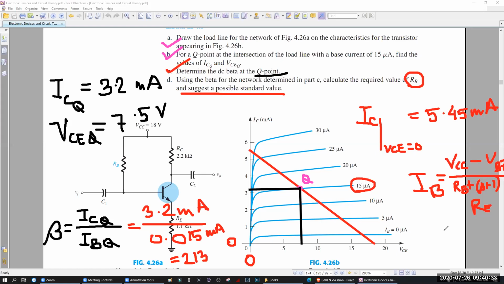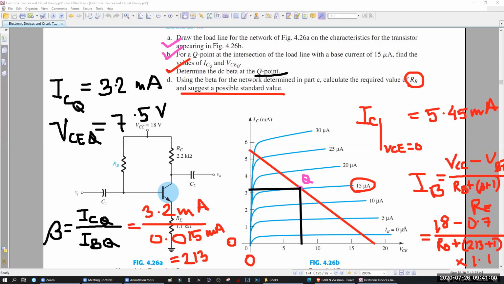That is the formula that we already know. Okay. What is VCC? 18. What is VBE? 0.7. What is RB? We do not know. Let's write it like this: RB. What is beta? 213 plus 1. What is RE? 1.1.